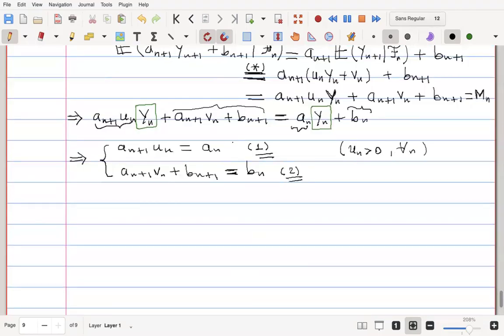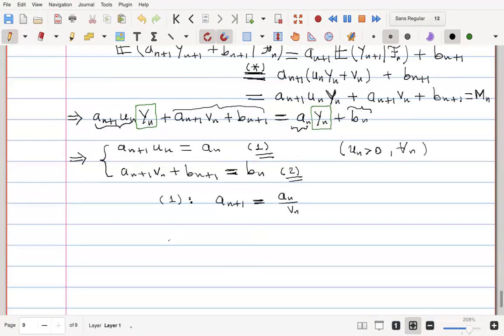So from 1, we have that a_{n+1} will be equal to a_n divided by u_n. That is a_{n+1} already.